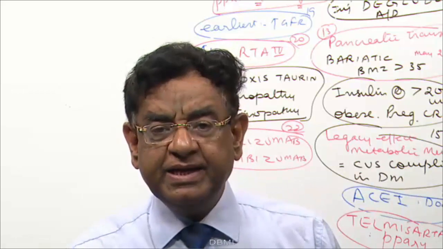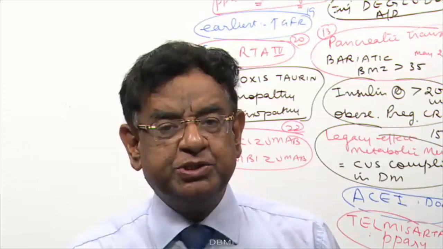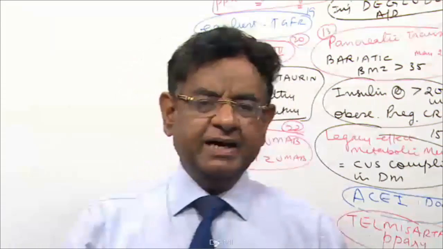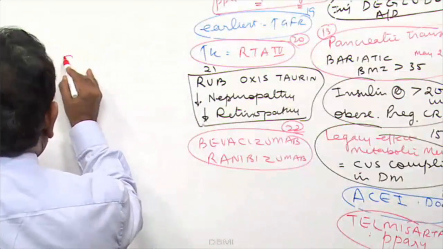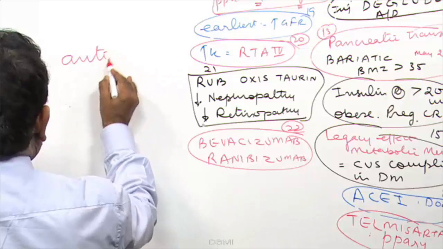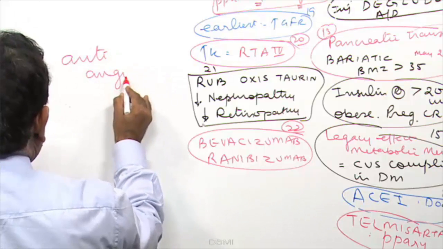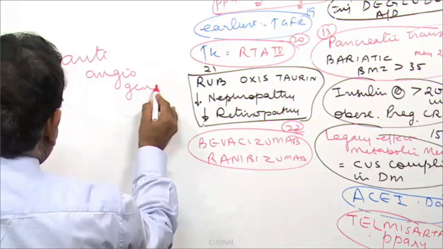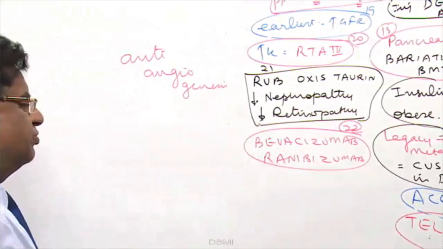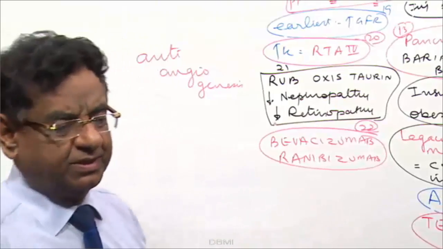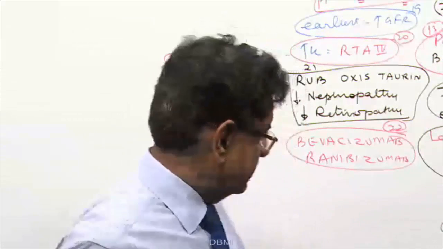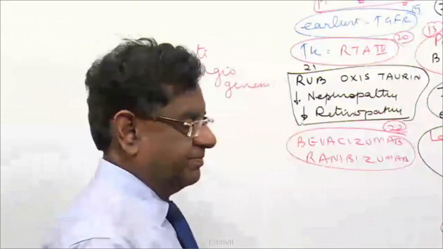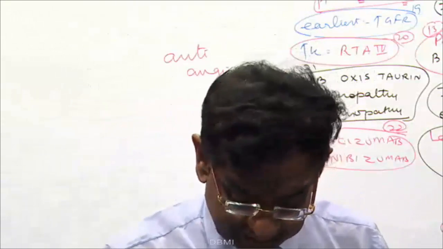They are anti-angiogenesis. That means they inhibit new blood vessel formation. So they are anti-angiogenic drugs, so they prevent the formation of new vessels. And of course, you will not get it in the books, again repeating.